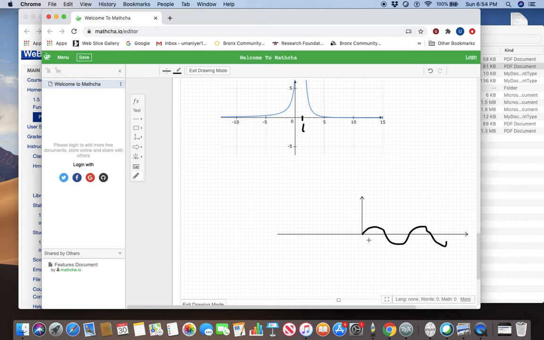And where is it that it hits the x-axis? At 0 and at pi, and then at 2 pi, and so on.